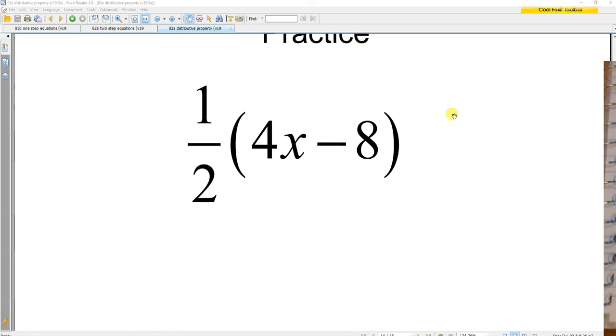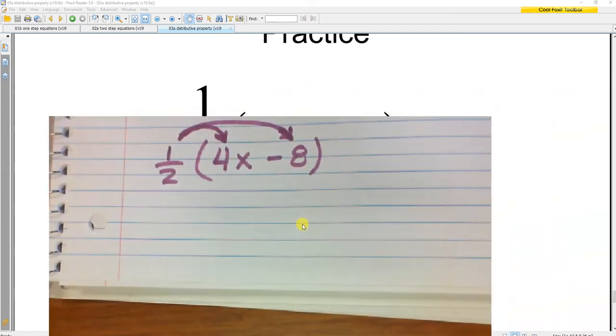All right, this is the one that we really need, because you're going to do a bunch of these for homework tonight. 1/2 times (4x minus 8). Multiplying, oh, you can't see my notes. Bring it over there.